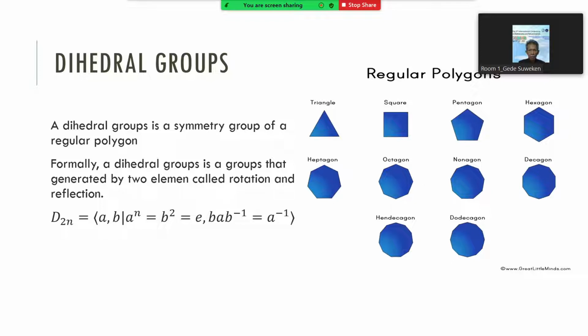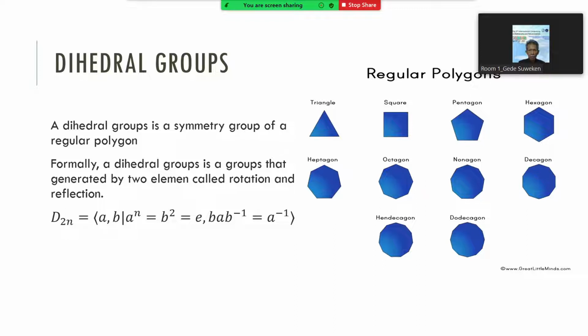So from this notation we know that the inverse of B is B itself, and the inverse of A is B times A times B inverse. But we know that B inverse is equal to B, so we can replace B inverse with B.